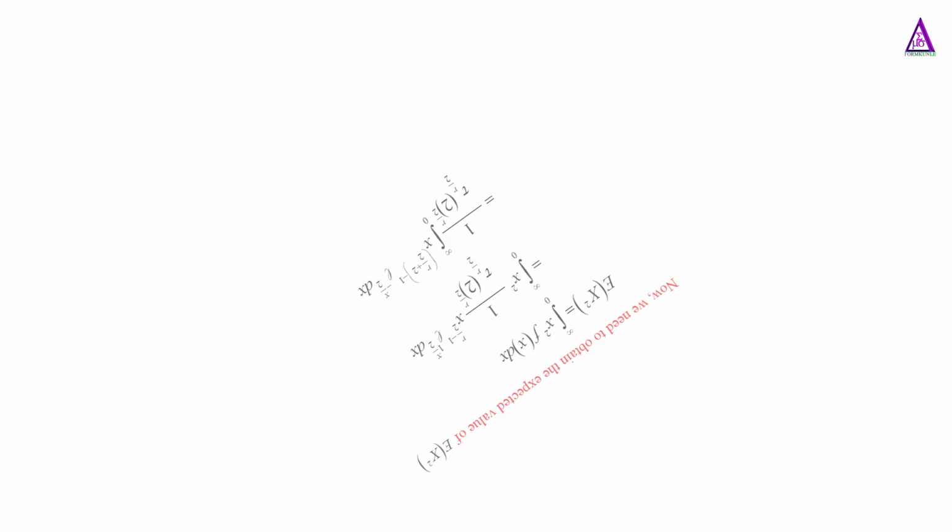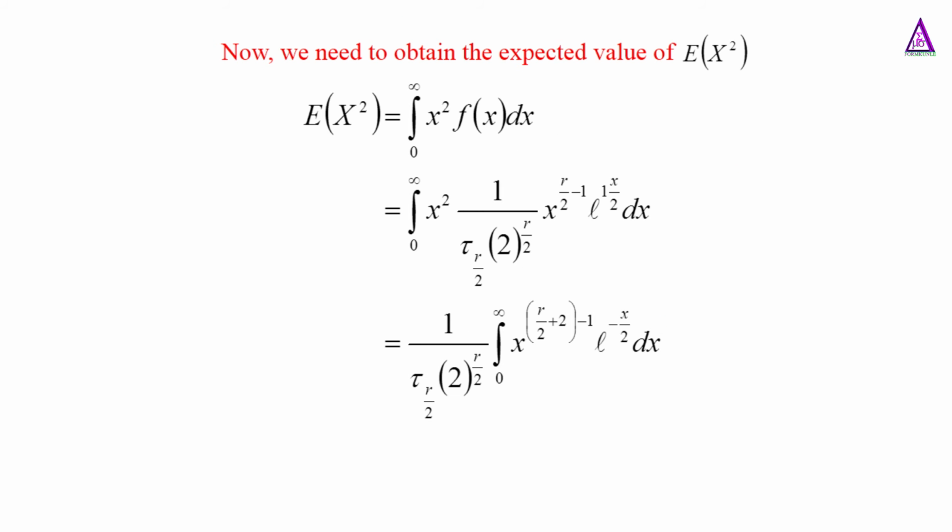Now, we need to obtain the expected value of x square. So therefore, the expected value of x square equals the integral from 0 to infinity of x square f of x dx. And we put the value of our f of x into the equation. So we factorize the constant out of the equation, which is this, and we have this equation.